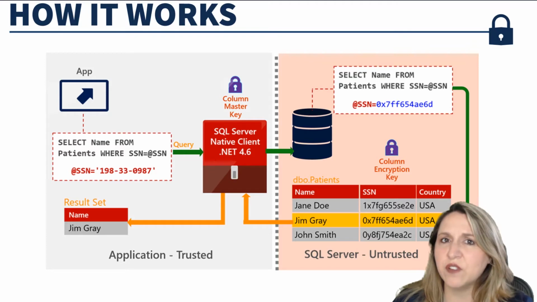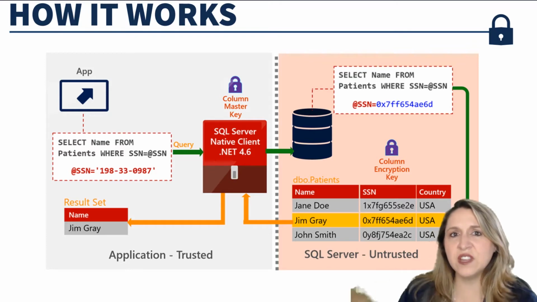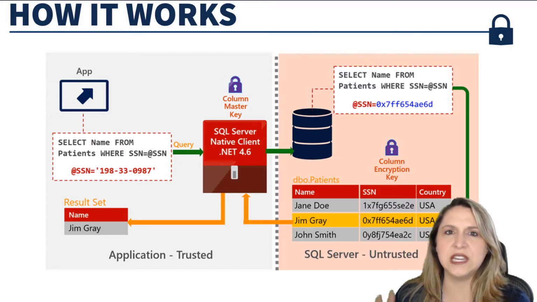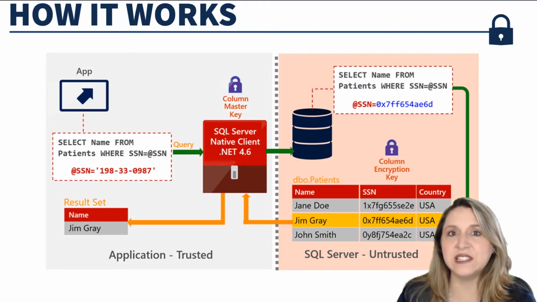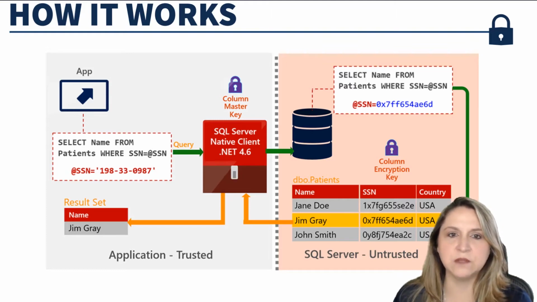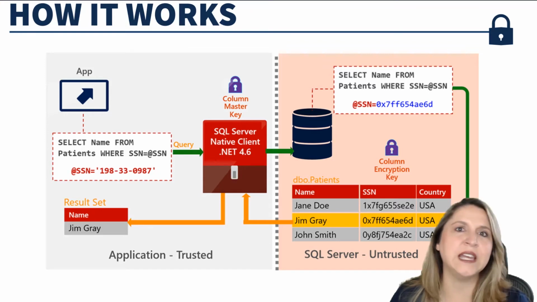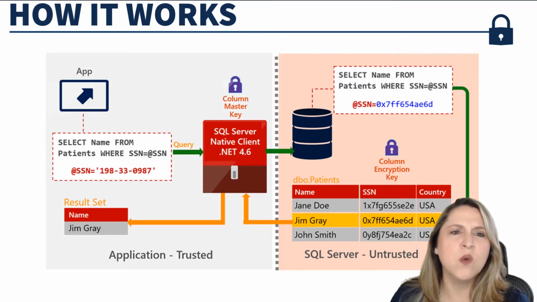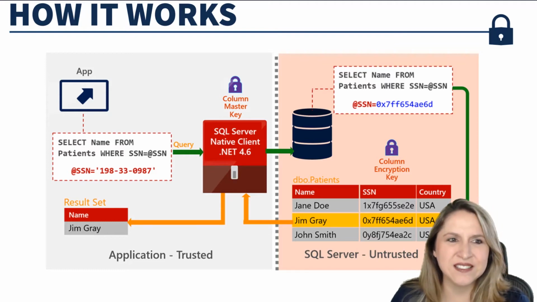So it's really the driver that's making a huge difference. Everything in the database is going to stay encrypted, and it's going to rely on the master key and the column encryption key to unlock that data and present it in plain text to the application. We'll walk through all of these terms to clear some things up and answer any questions you may have. So just hang tight with me as we go through what this terminology is and what these keys actually do.